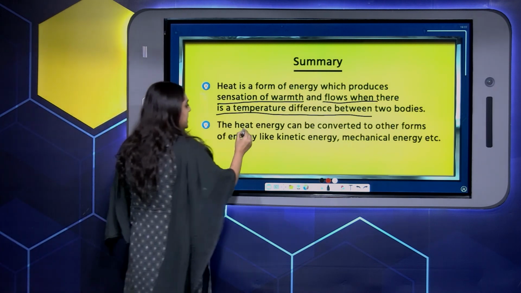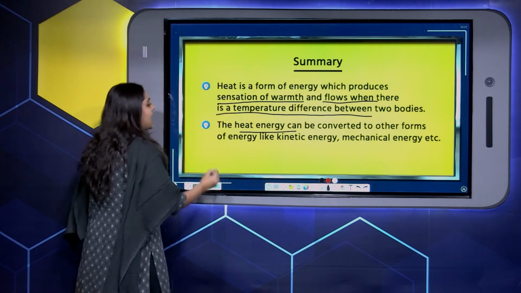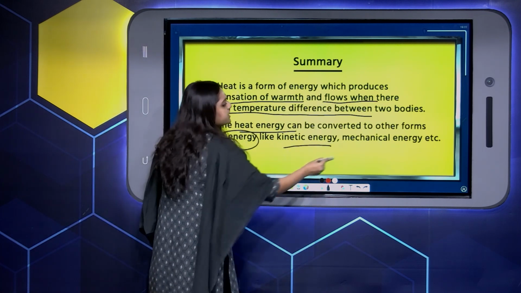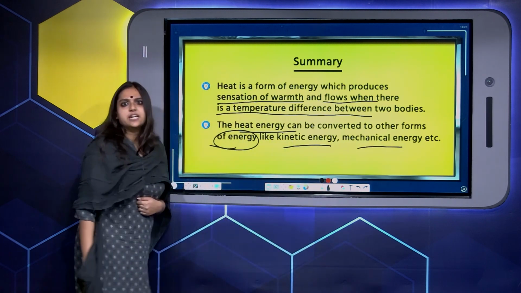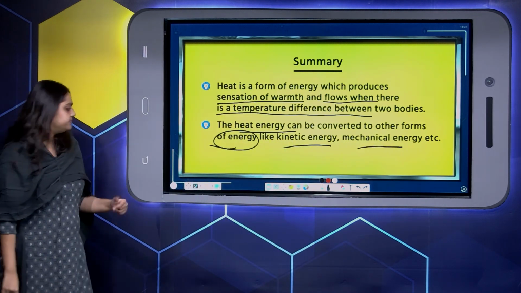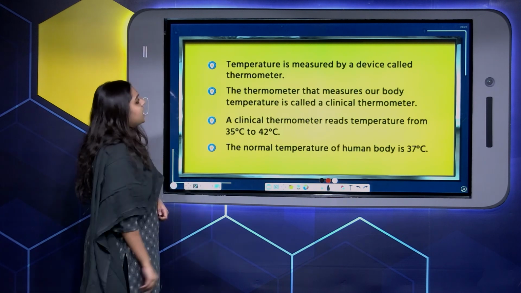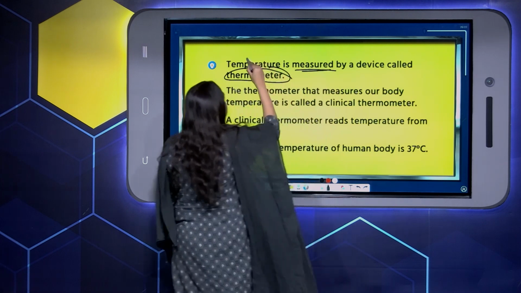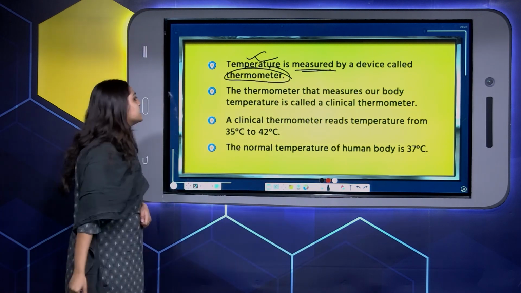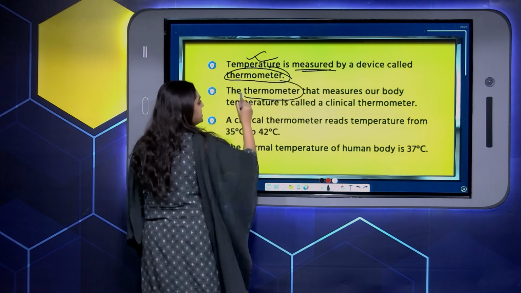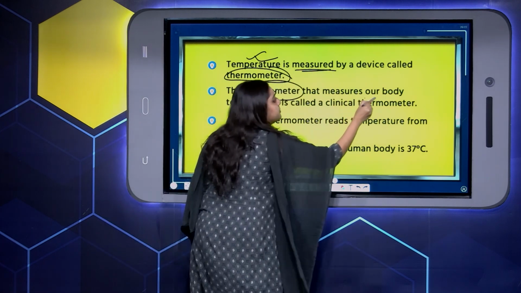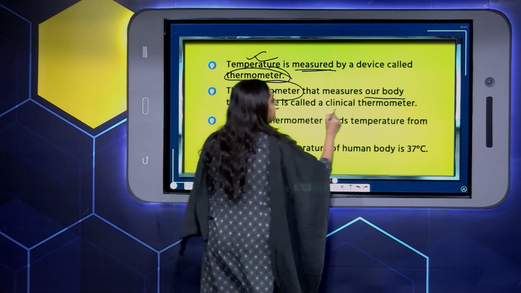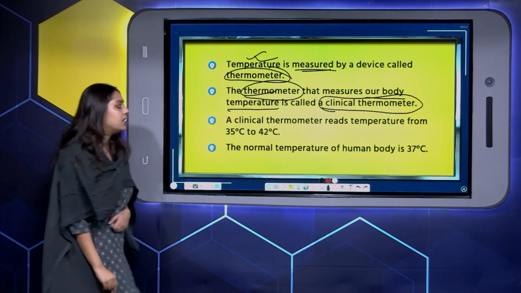Heat energy can be converted to other forms of energy like, as I've said earlier, kinetic energy, mechanical energy, electrical energy, and many more, right? Okay, thermometer measures temperature, right? And the thermometer that measures our body temperature is known as clinical thermometer, right?